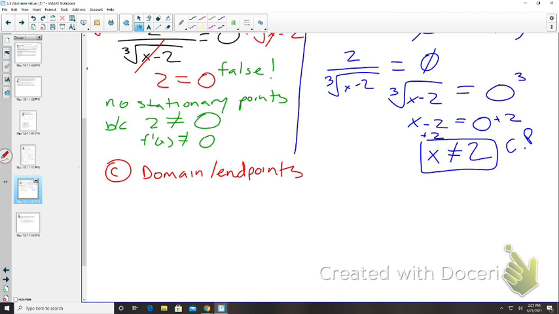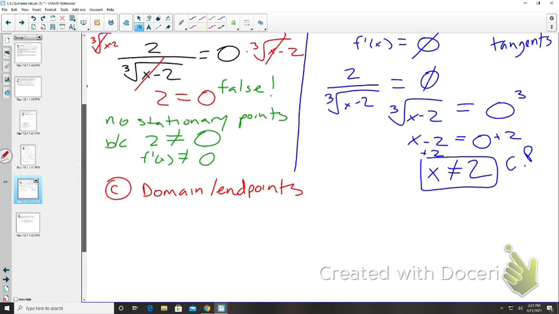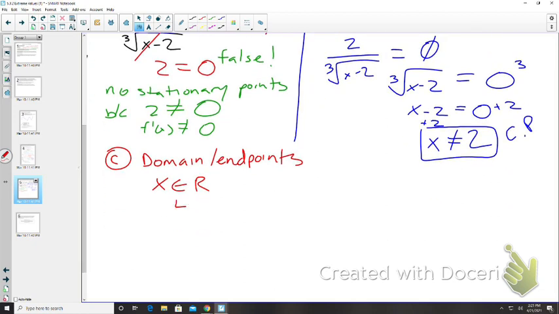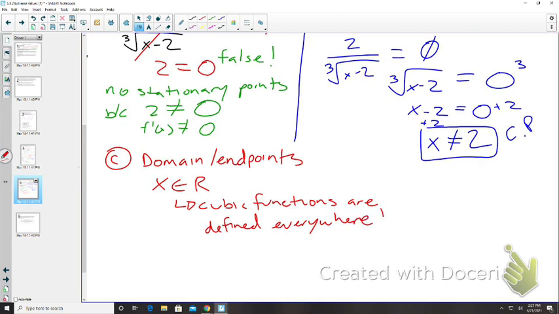Do we have any restrictions for a cubic function? No. Cubics are defined everywhere.